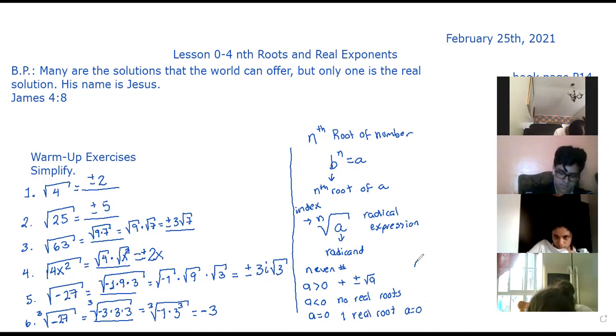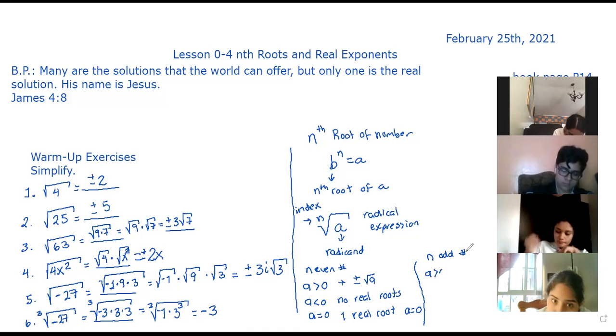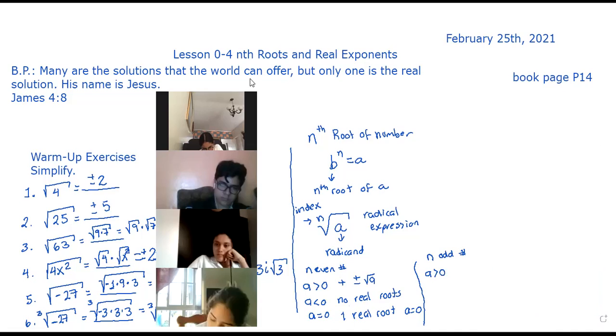Now, if you have that n is an odd number, which are the odd numbers, guys? Let's see if you remember. 1, 3, 5, 7. If the value of a is greater than 0, that means a positive number, you are just going to have one positive root, and 0 negative roots.